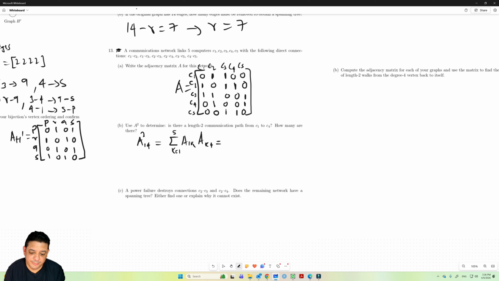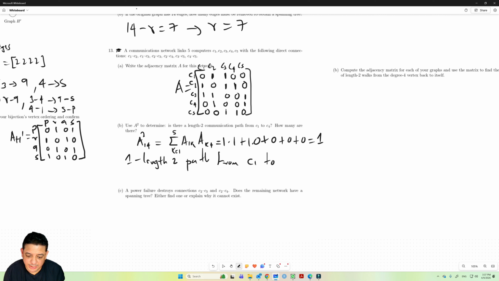So if we multiply that row by column, we're going to get 1 times 1 plus 1 times 0 plus 0 plus 0 plus 0. So we're essentially going to get 1. Okay? So there is going to be 1 length 2 path from C1 to C4.